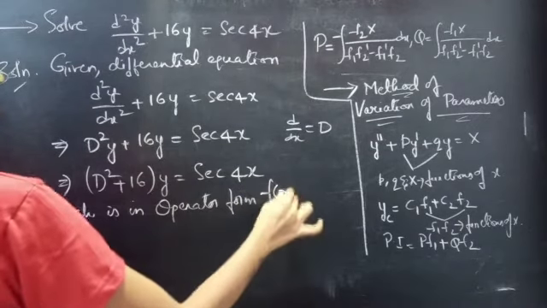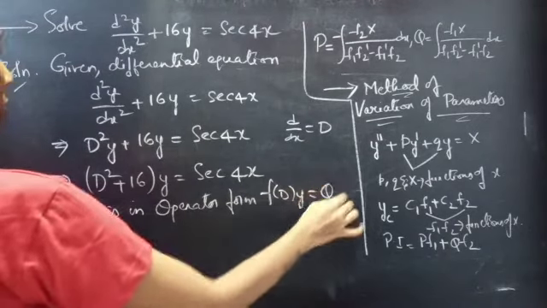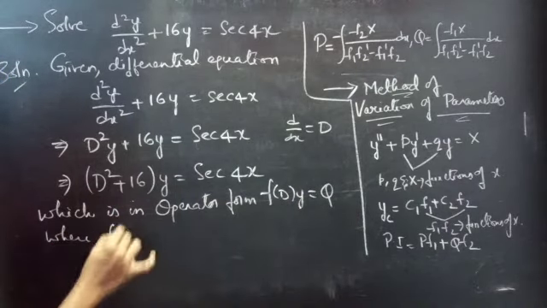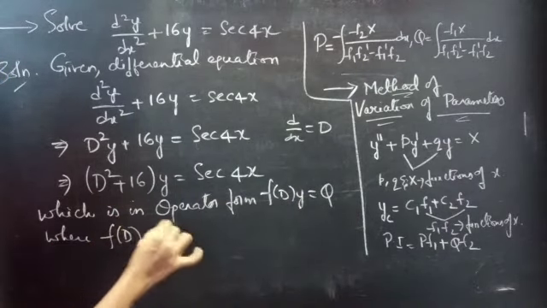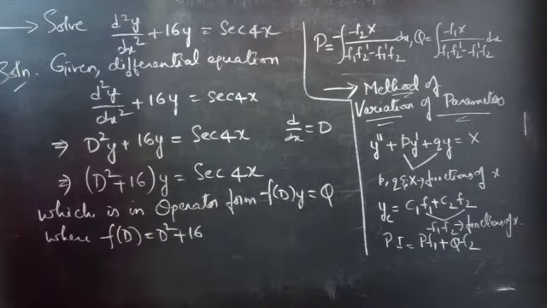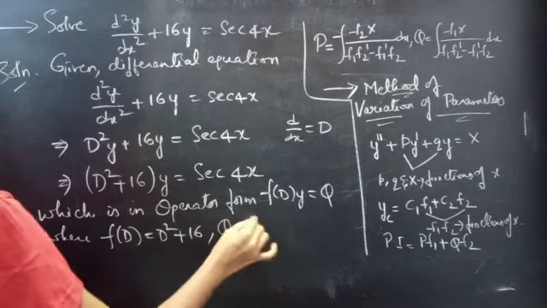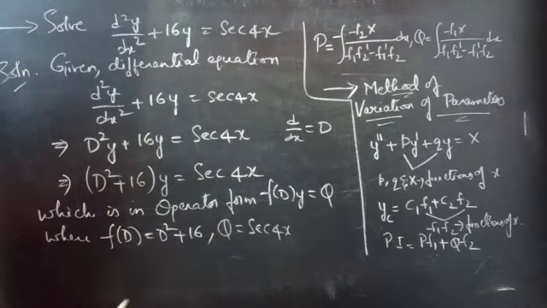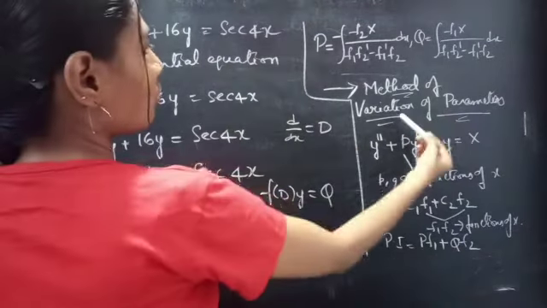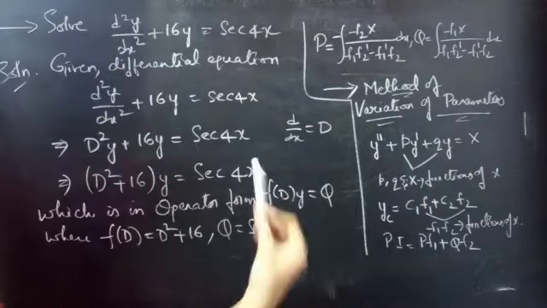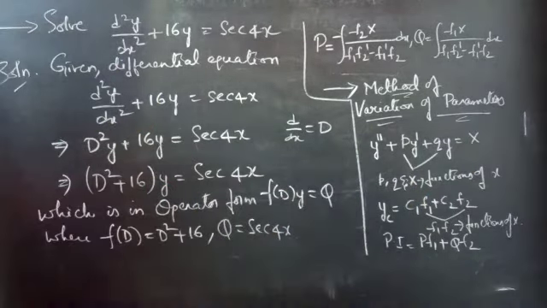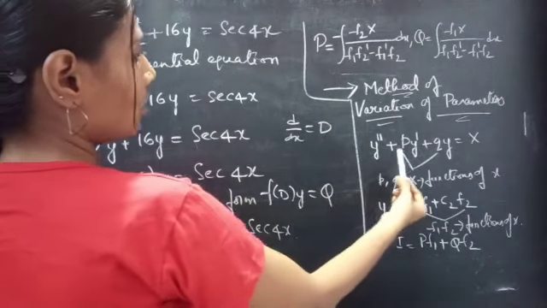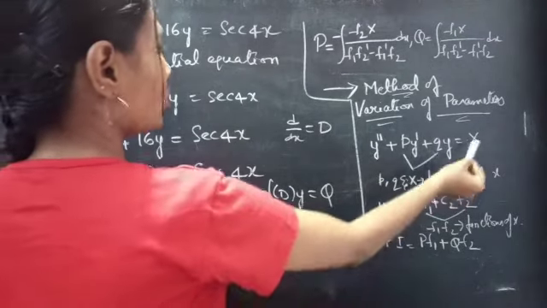F of D into y equals some Q, where f of D equals D square plus 16 and Q equals secant 4x. So we know that the method of variation of parameters is for a general second order equation y double dash plus p y dash plus qy equals X, right?